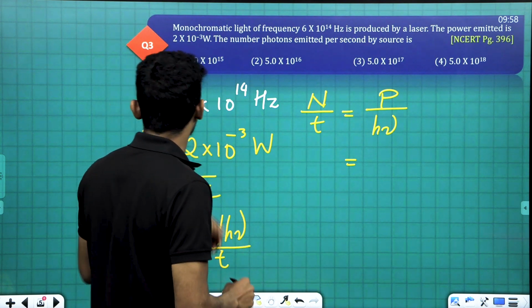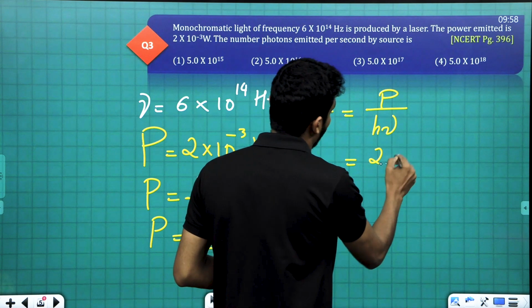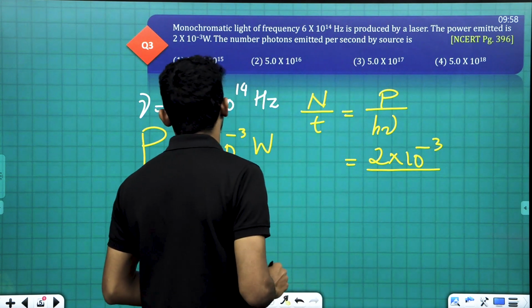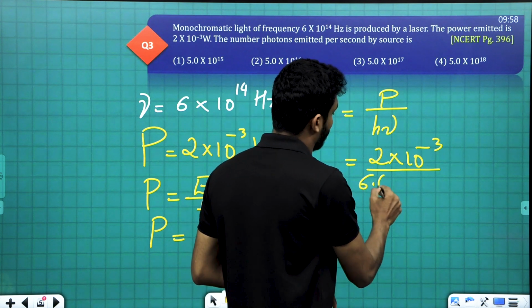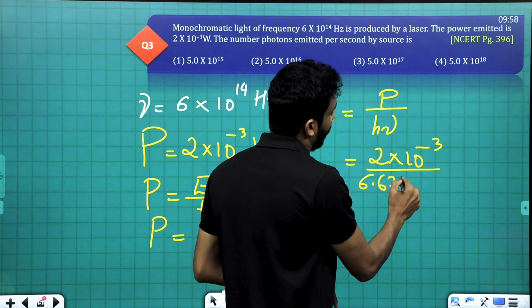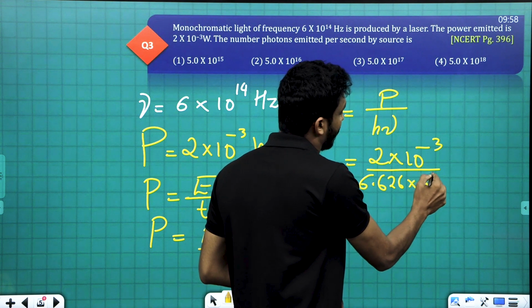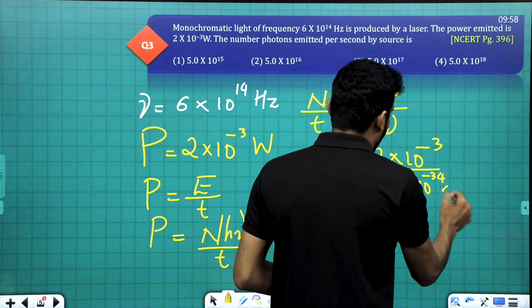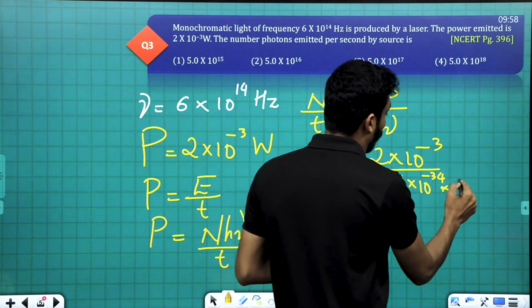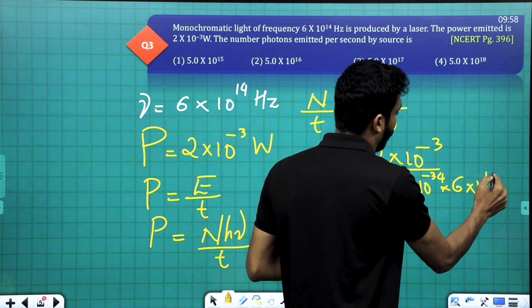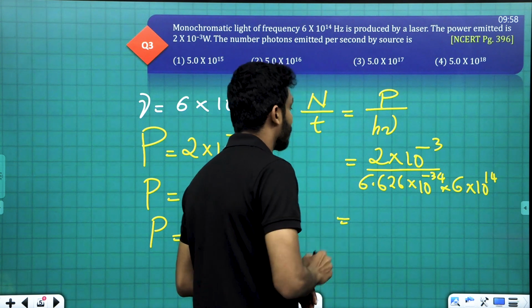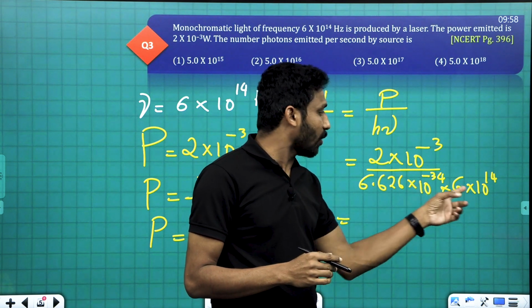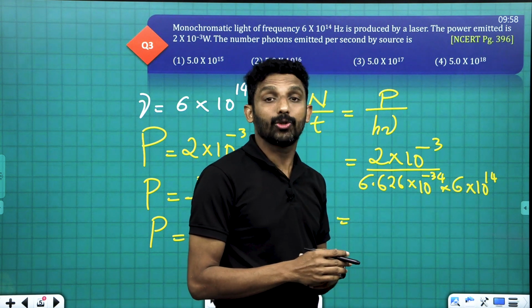The power value is 2 into 10 power minus 3 watt, divided by h, Planck's constant, 6.626 into 10 power minus 34, into frequency 6 into 10 power 14. See, 10 power minus 34 into 10 power 14 is 10 power minus 20.